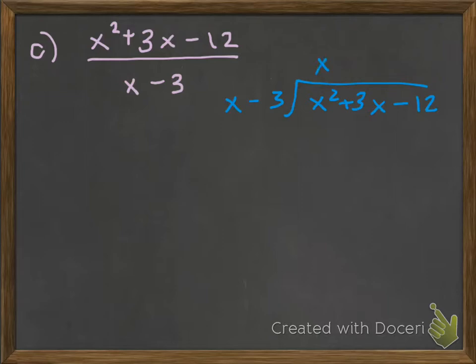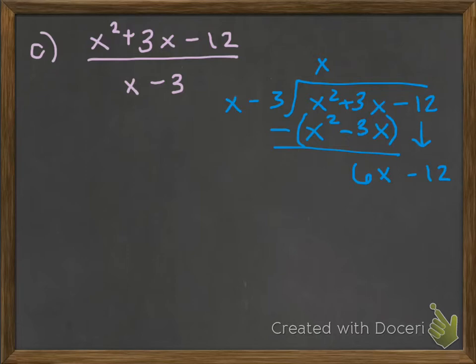Then I distribute it to that outside quantity, so x times x is x squared, and x times negative 3 is negative 3x. Again, we're subtracting this quantity, so parentheses are very important. x squared minus x squared, they're gone. 3x minus a negative 3x, that double negative turns into a plus, so I have 6x, and I drop the 12.